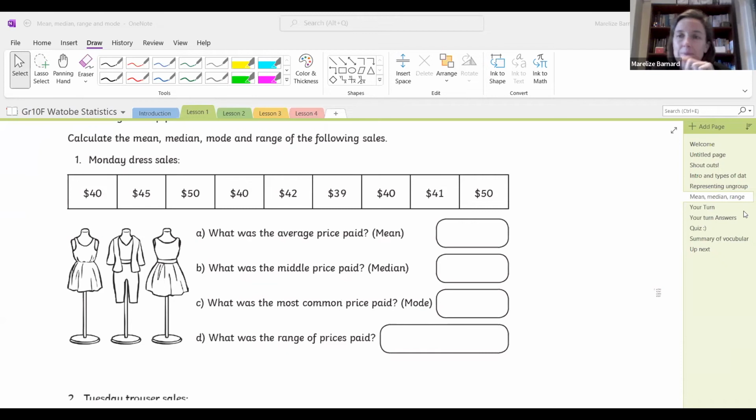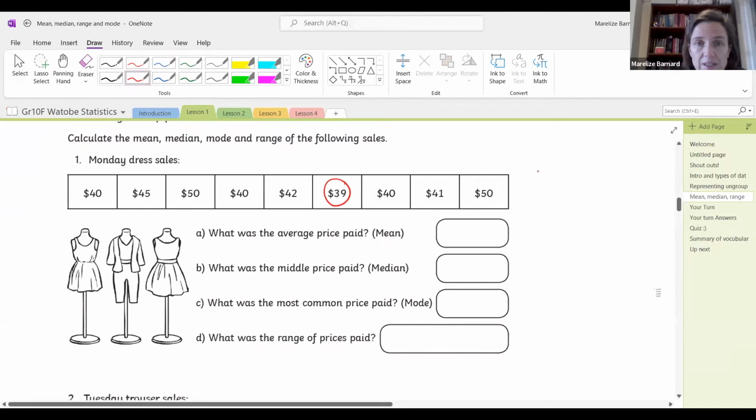Okay, time is up. So the first thing you have to do is arrange the data from smallest to biggest, starting with the 39, and then the 39, 40, and 40 again. This is a crucial step, you can't skip this.